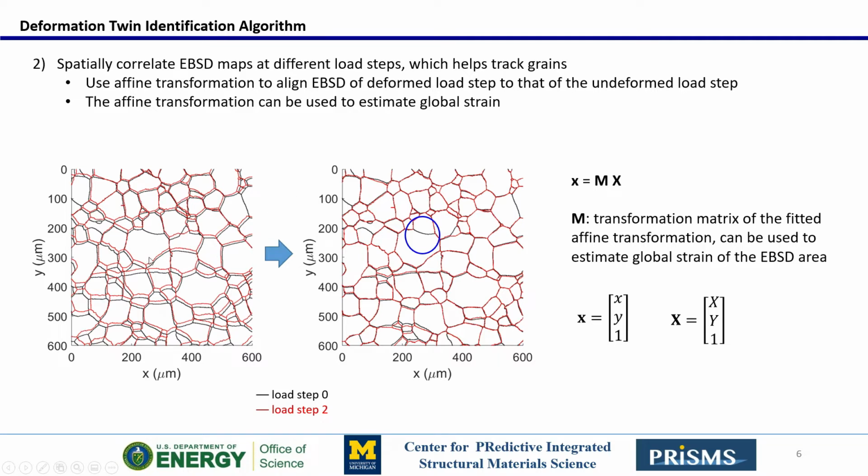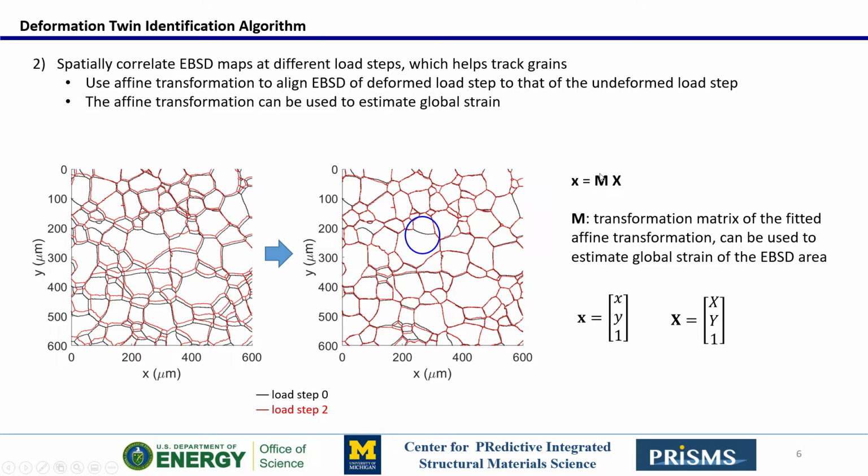To perform the alignment, we can select some easily recognizable grains, although it's optional but strongly recommended, and use the centers of these grains as control points to perform a 2D affine transformation.